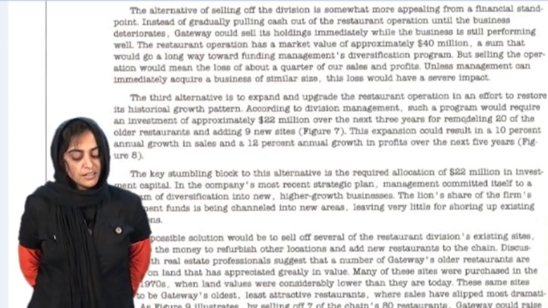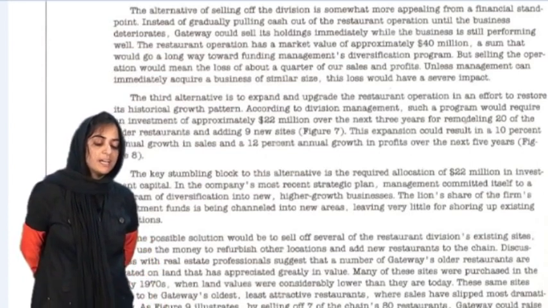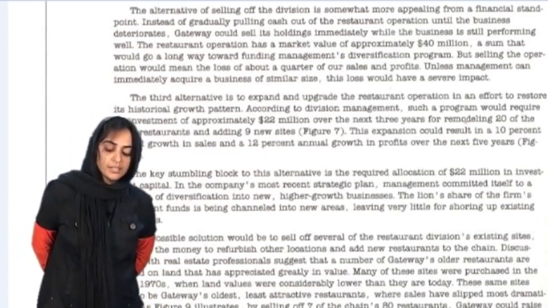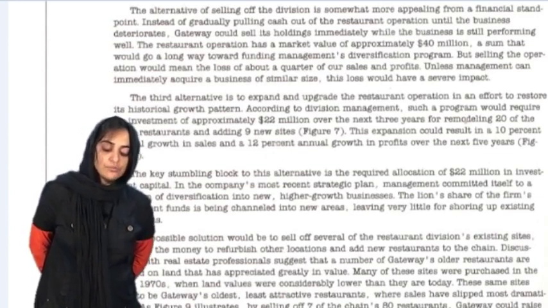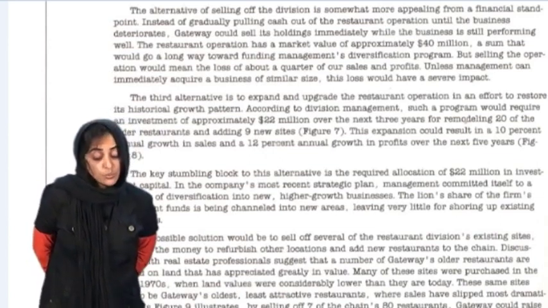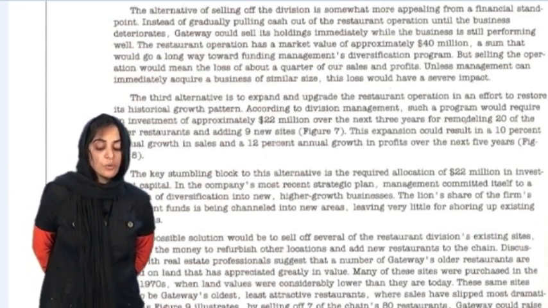Here he says that the alternative of selling off the division is somewhat more appealing from a financial standpoint. Instead of gradually pulling cash out of the restaurant operation until the business deteriorates, Gateway could sell its holdings immediately while the business is still performing well.